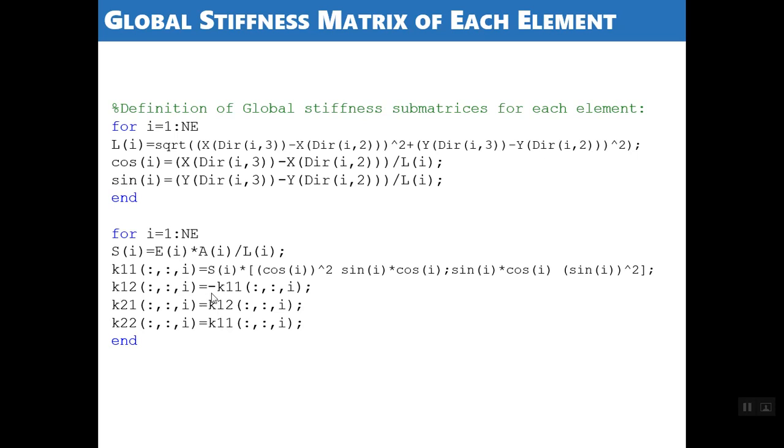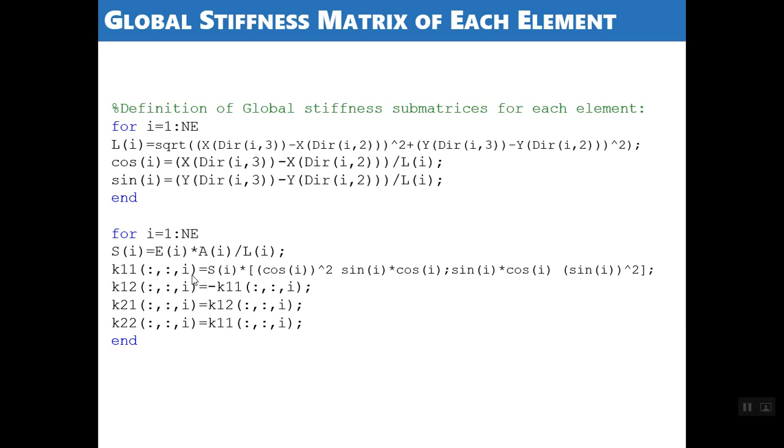K12 is equal to negative of K11, K21 is equal to K12 directly, and K22 is equal to K11. We know that already. Here there is one unique thing, that is another attribute appended. This i will differentiate between these matrices for each of the elements; i will be equal to the number of the element.